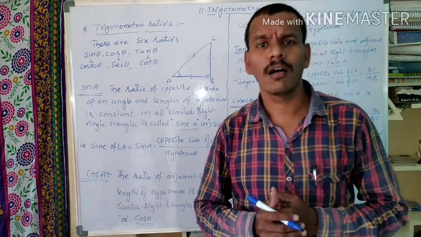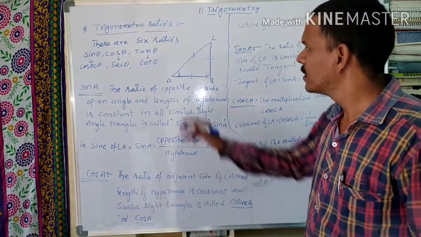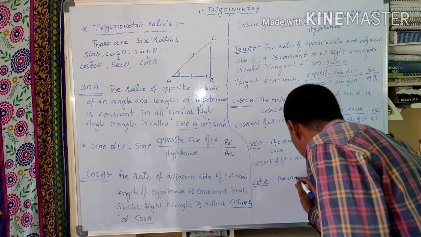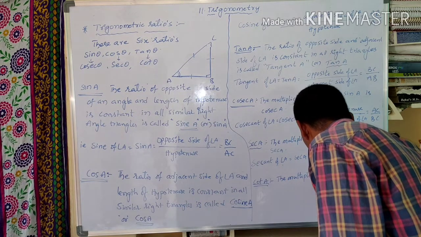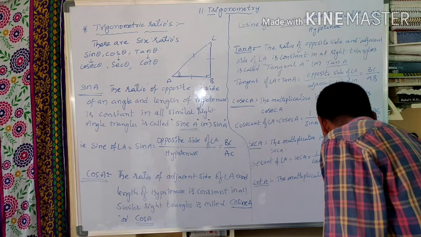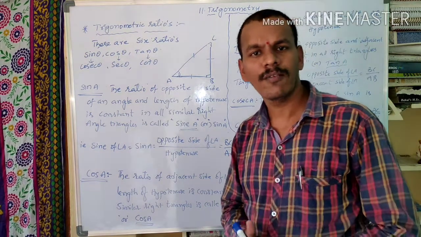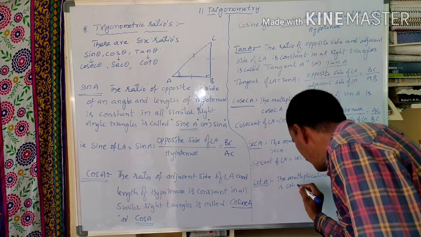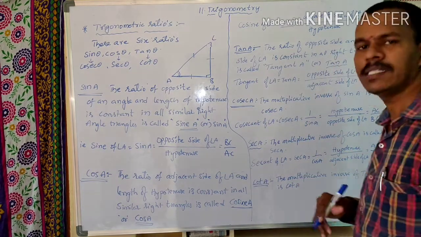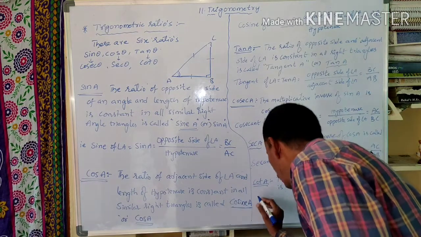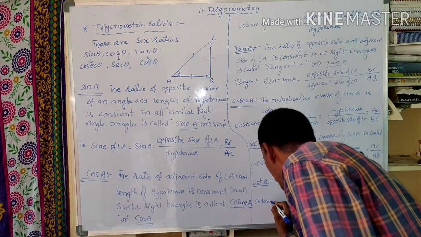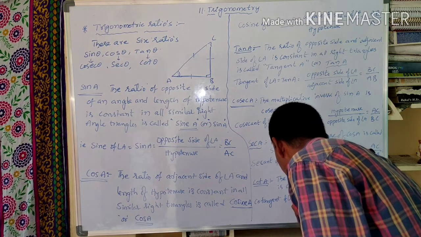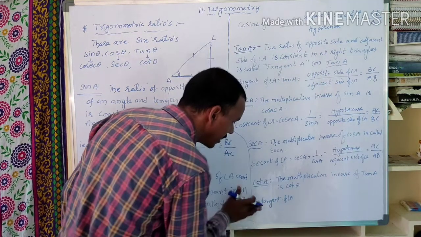The multiplicative inverse of tan A is cot A. The multiplicative inverse of tan A is cot A. The actual name of cot is cotangent A, the cotangent of angle A.